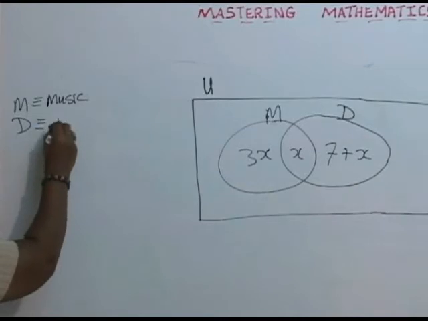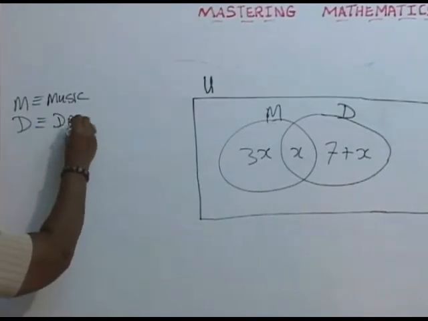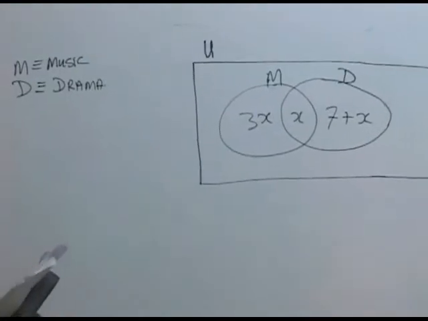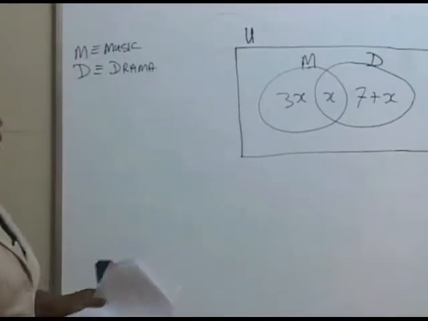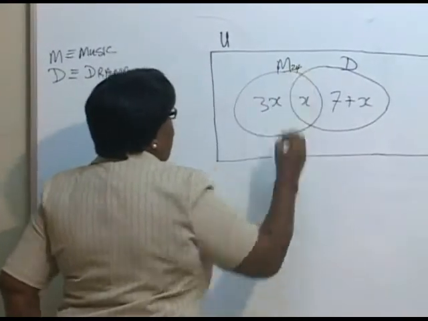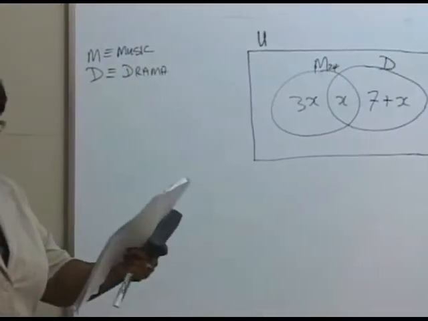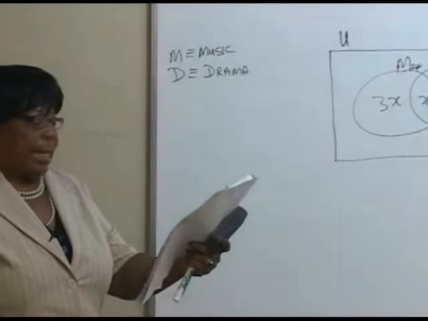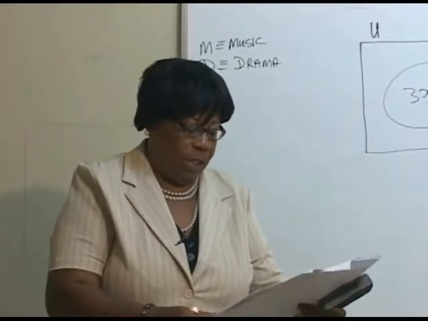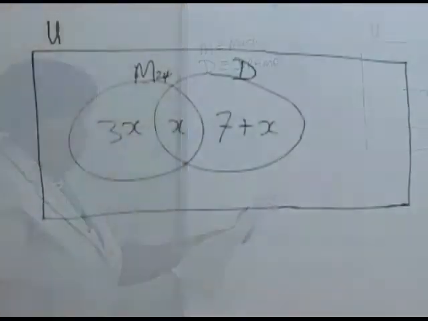Okay. If 24 students take music, so we know right away that that's 24. Calculate the number of students who take both music and drama.